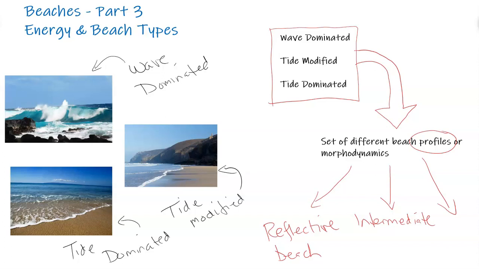And then the third one is going to be dissipative. So these 3 types of beach profiles are created from either one or a number of these different types of energy transference. Either it's wave dominated, tide modified, or tide dominated.